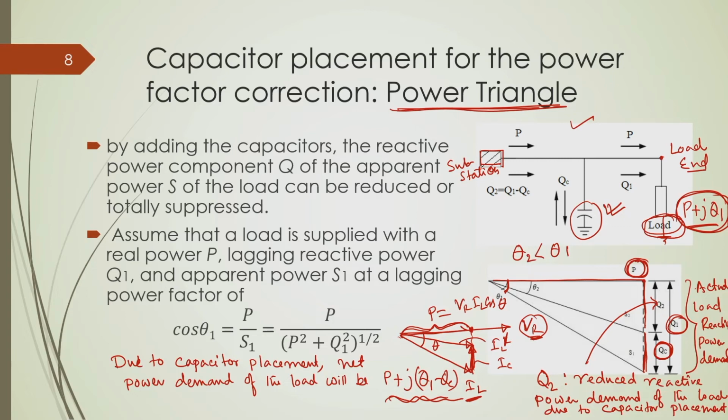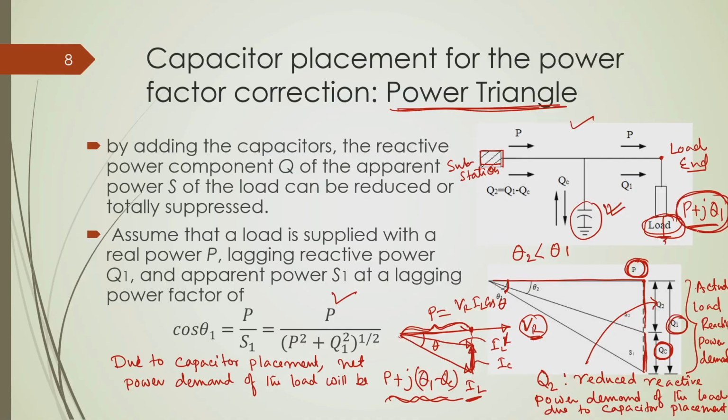Here you can find cos theta 1, because our real power will remain the same; there is no real power source here except the substation. So, whatever real power the load was drawing before the capacitor placement, the same active power the load will draw even after the capacitor placement. But the net reactive power which the load is drawing from the substation is getting reduced.